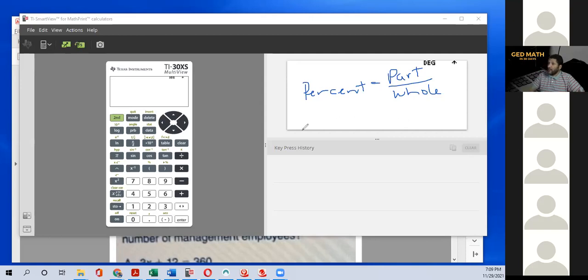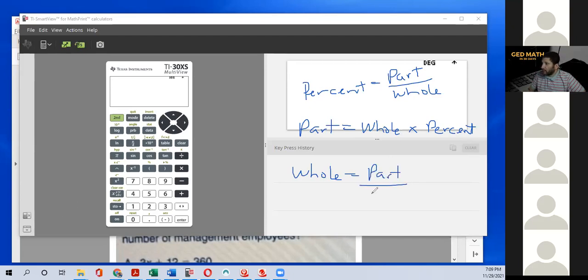Okay. If you want to find a part, it's whole times percent. And if you want to find the whole, it is part divided by percent. These are the three equations that all come from this first equation.